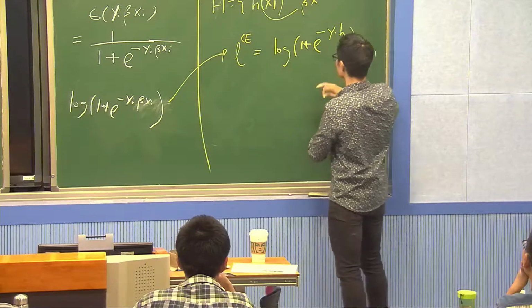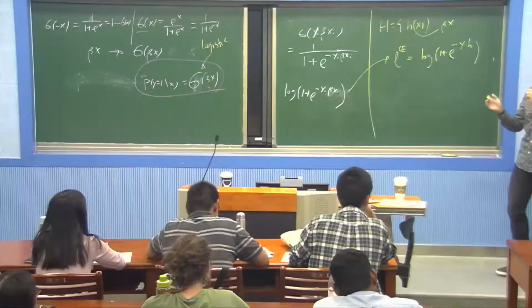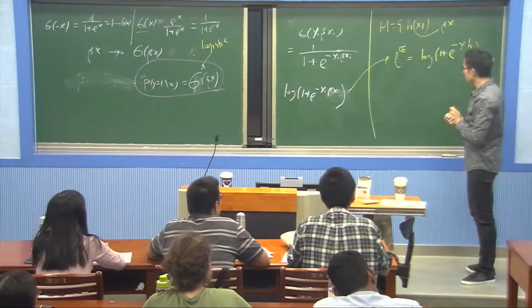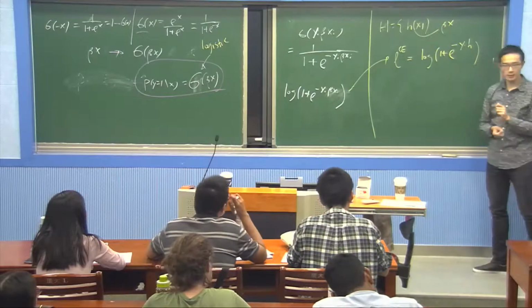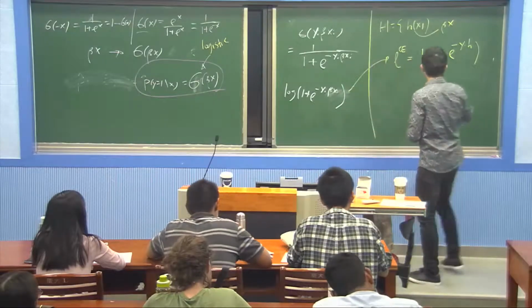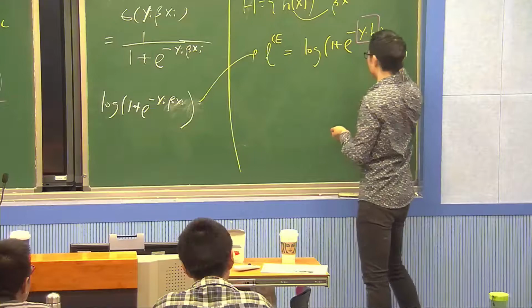I will forget about writing x, so just h. H is beta x. So I can write it this way. As a function, you can see that this is a function of y times h.